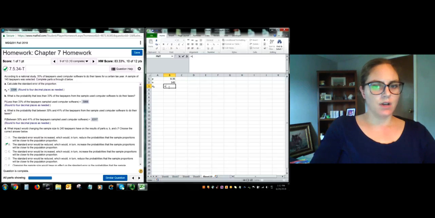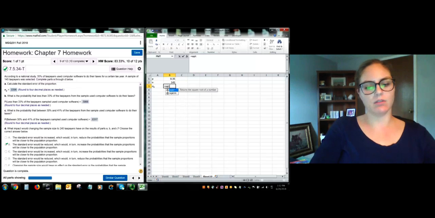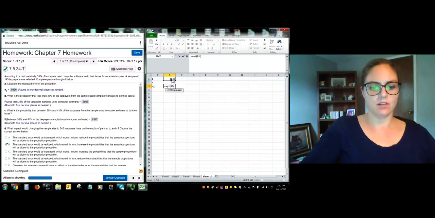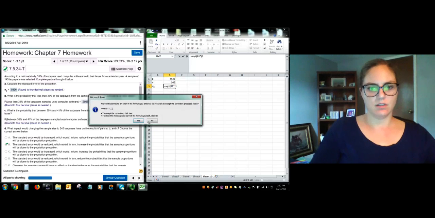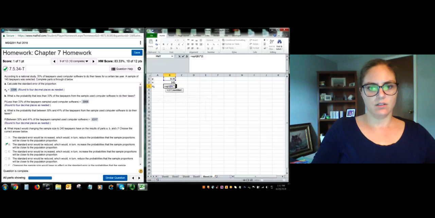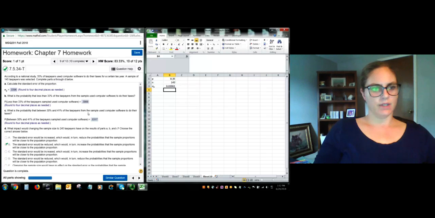Okay, so sigma here is going to be given by the square root of this times 1 minus this. That gives 0.0396.